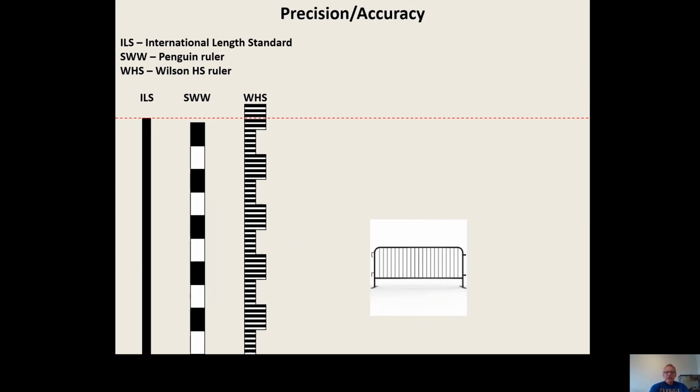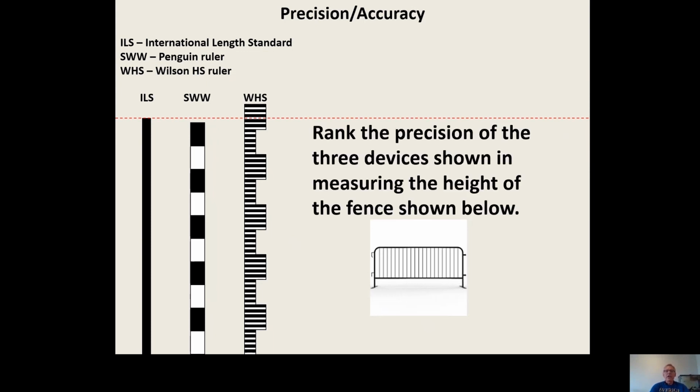We can ask the same question about precision, okay? Of those three devices, which of them will give the best precision? Which of them will give the least precision? And the answer is Wilson will have the best precision. Why? Because look at it.